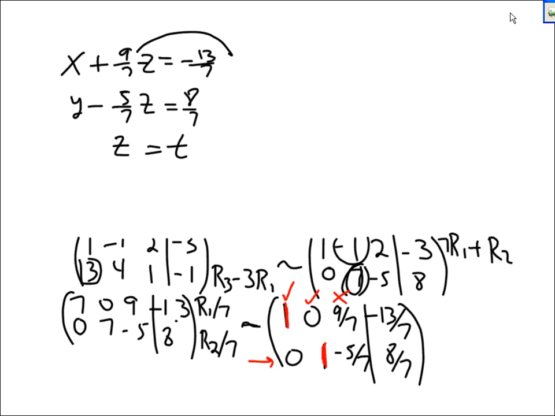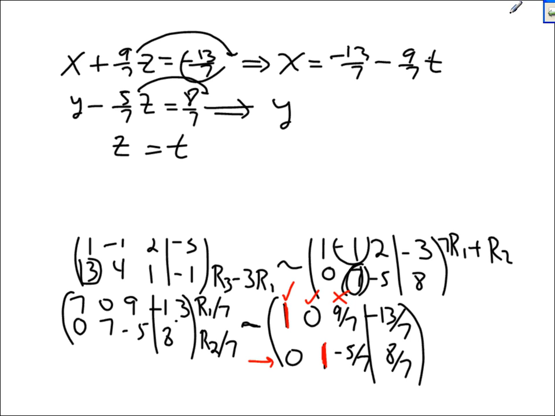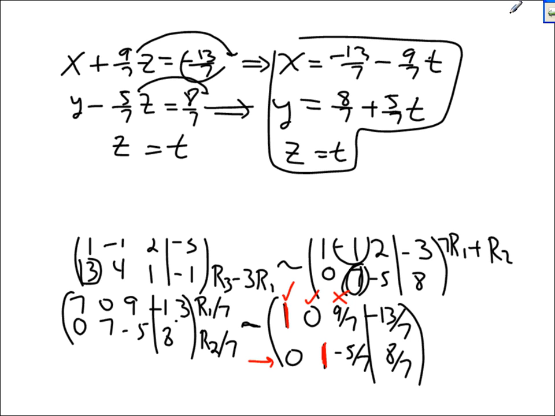So bringing this over to the other side, we have that x is negative 13 over 7 minus 9 over 7z. But z is t. The second equation tells me, bringing this over, y is equal to 8 over 7 plus 5 over 7z. But z is t. And there is the equation of the line where the two planes intersect.